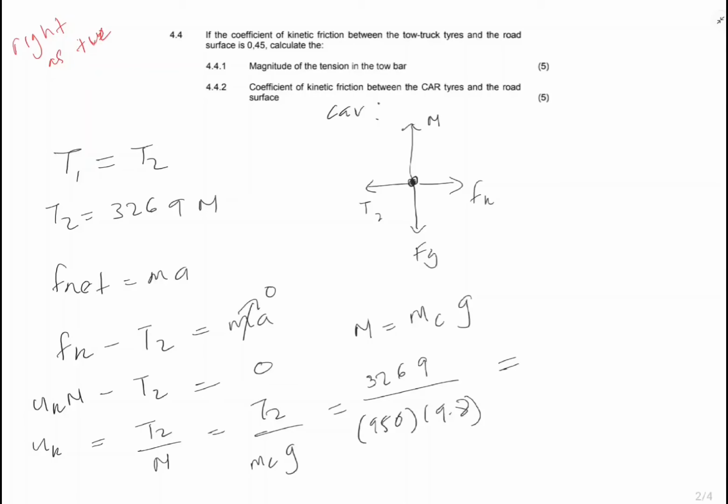So that's 3,269 all over 950 times 9.8. That's 0.3551, so it's 0.35. That is the coefficient of kinetic friction between the car tires and the road surface.